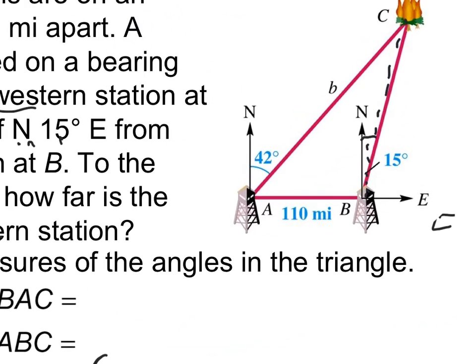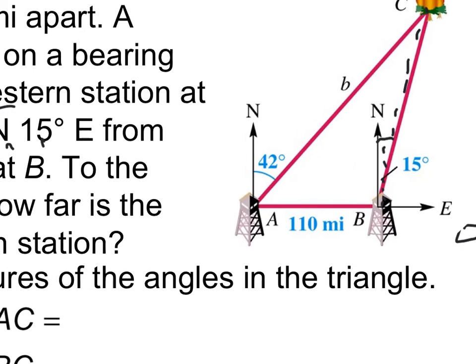I'm a little concerned because I don't have all my angles. Well, we know this together makes a right angle, so 90 minus 42 would be 48, because those two add up to 90.